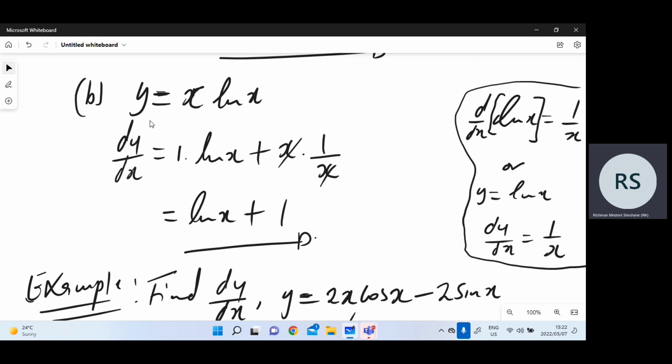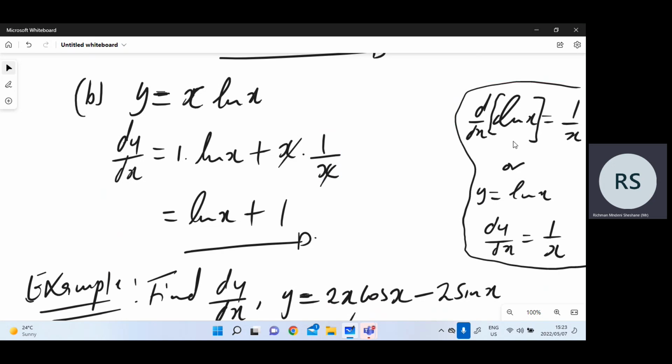So here I'm deriving the product of two functions. The derivative of this will be the derivative of the first function, derivative of x is 1, while I leave the second function, ln x, plus, I leave the first function, which is x, and multiply by the derivative of ln x. The derivative of ln x is 1 over x.